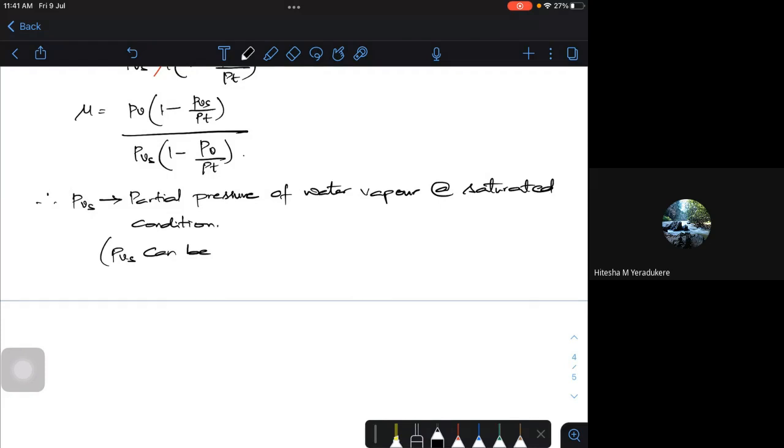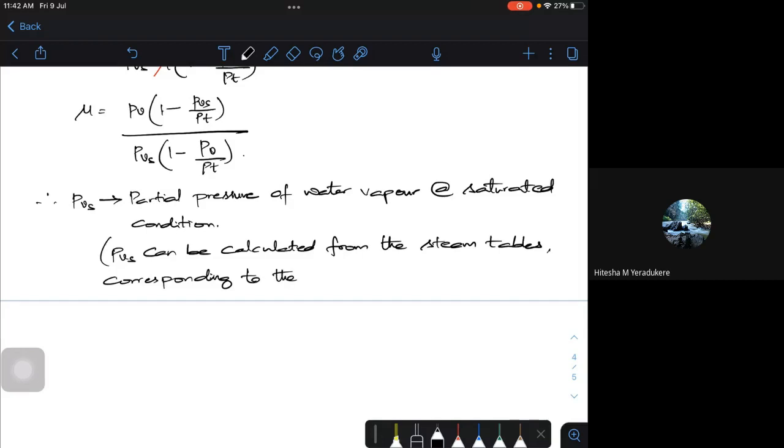That means we have to take it from the steam tables, corresponding to the dry bulb temperature of the air.